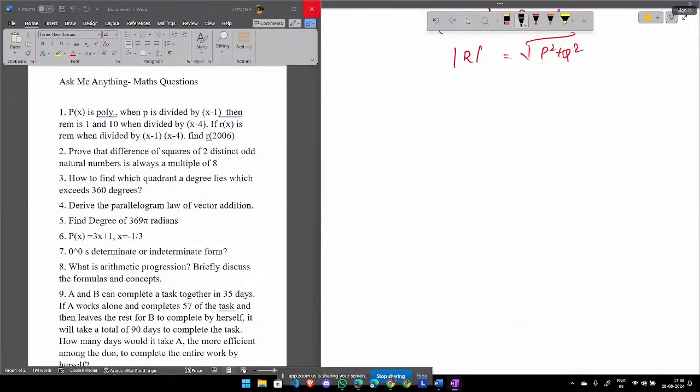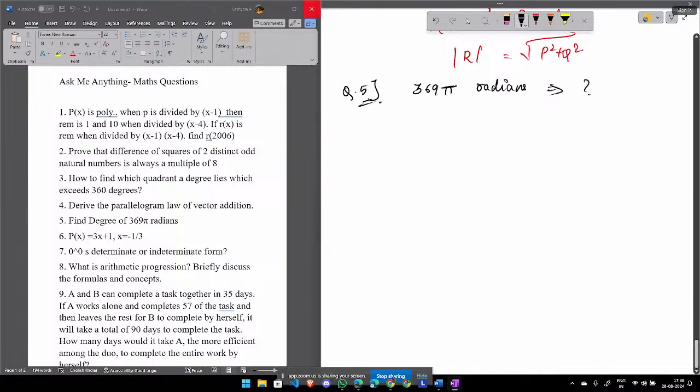What is my question number 5? Find the degree of 369 pi radians. 369 pi radians is how many degrees? I hope everyone is clear with the concept of radians and degrees. So how do we convert degrees to radians or radians to degrees is the question.